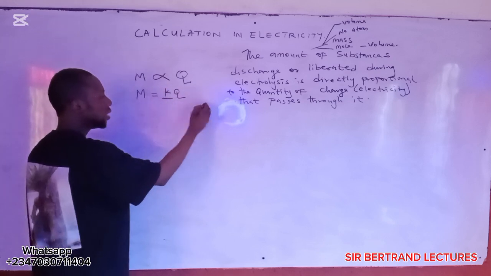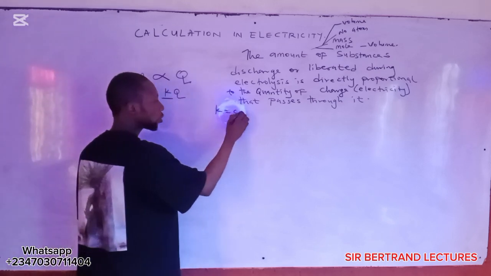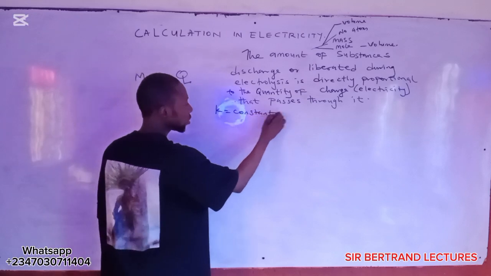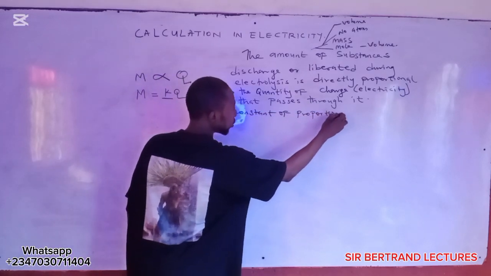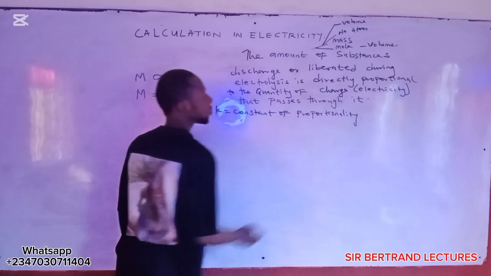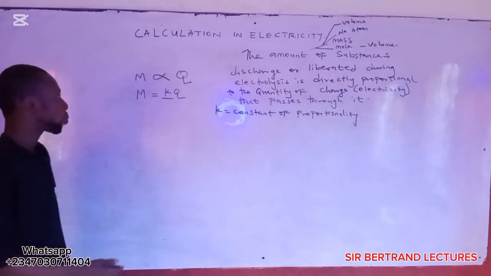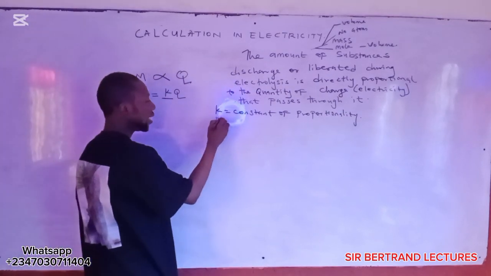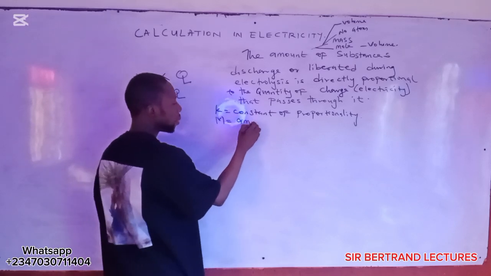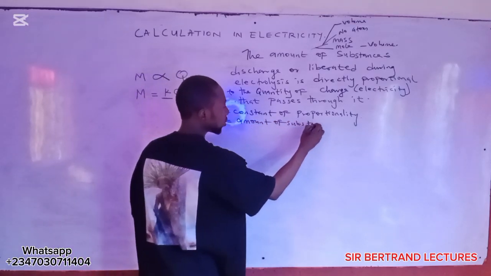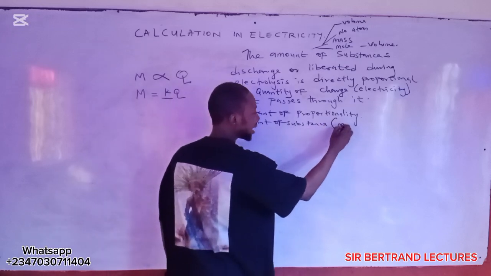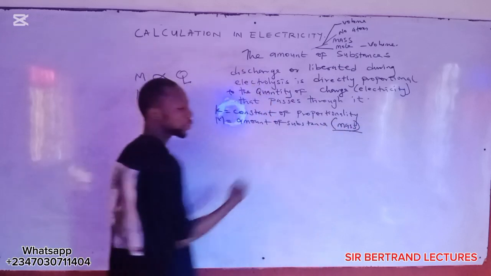Now this k is what? k is the constant of proportionality. Then the m represents the amount of substance, which we describe here as the mass of substance.